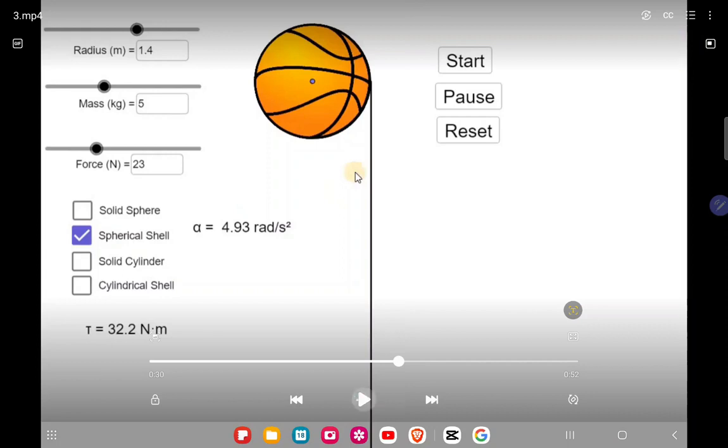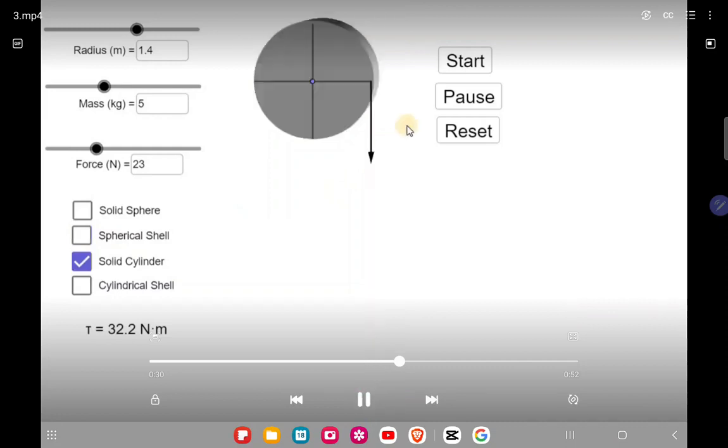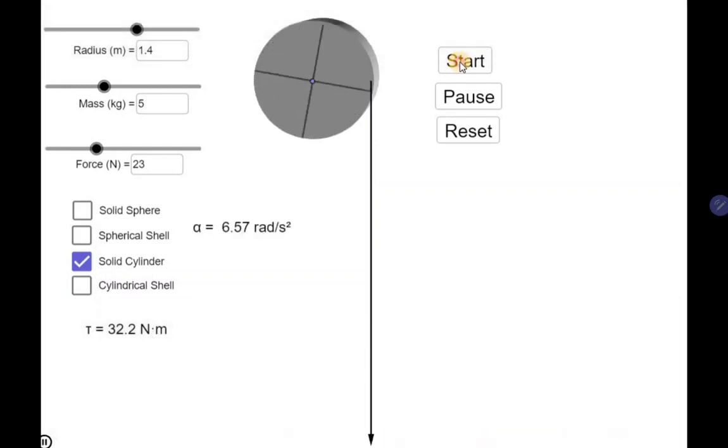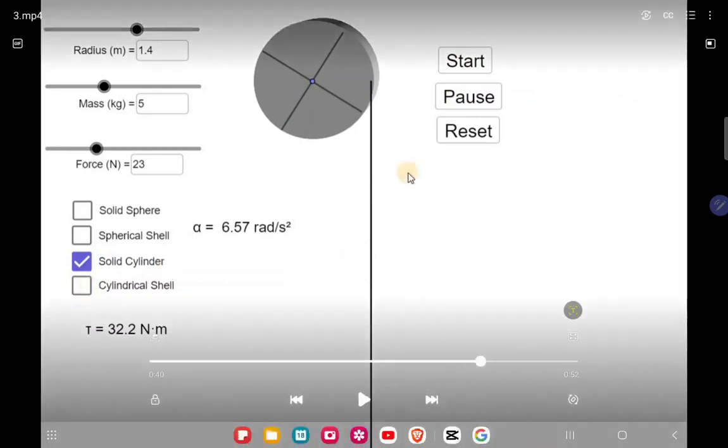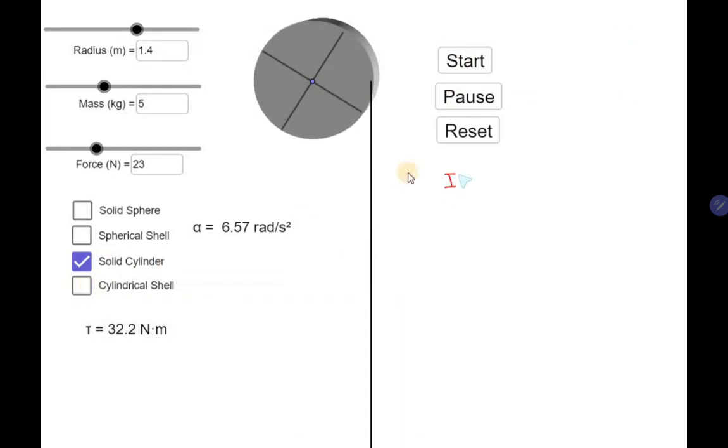Now let's change the spherical shell pulley into a solid cylinder. Again, same procedure, same everything. The only thing that changes is the moment of inertia. I in this case is equal to half m r square, which is 4.9 kilogram meter square, and the torque is not changing.